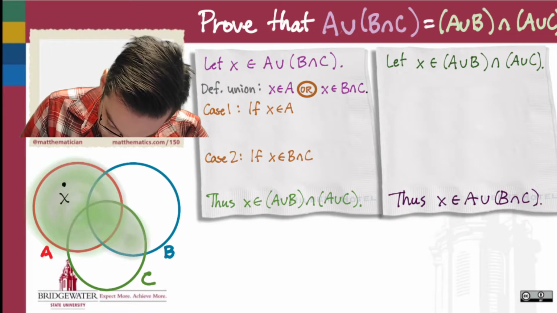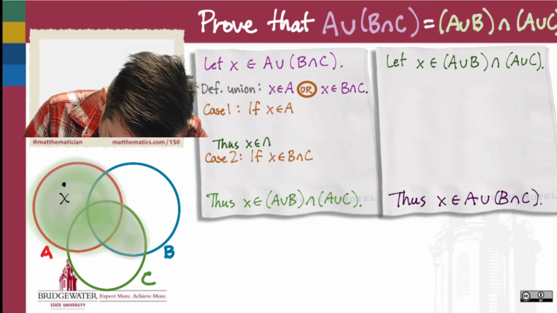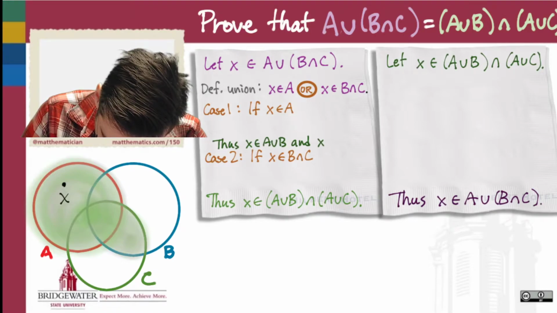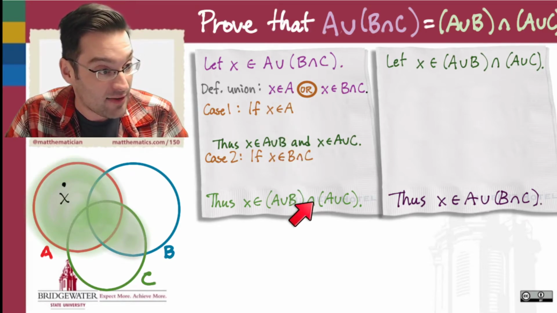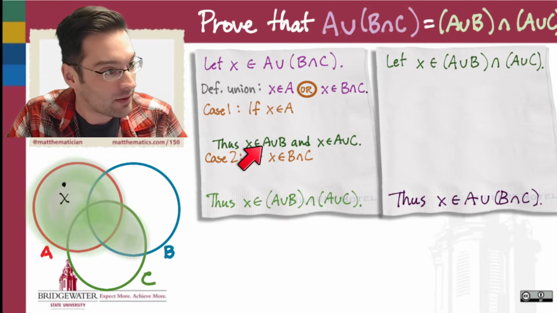So I'm going to try to write that here. Thus, we need to show that X belongs to A union B and X belongs to A union C. So that's what we need to establish. That "and" is then going to become this intersection by the definition of intersection.